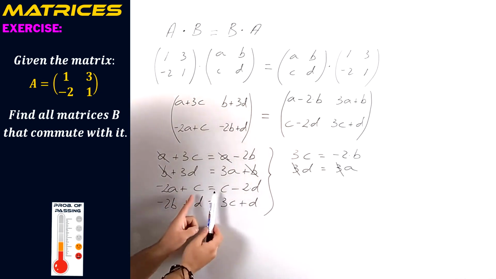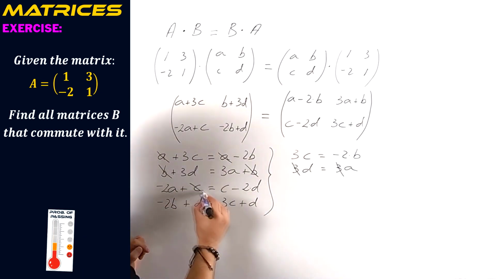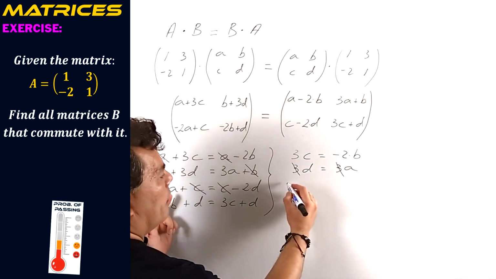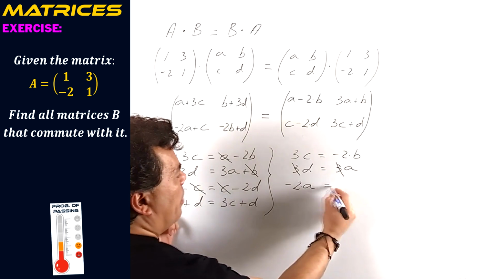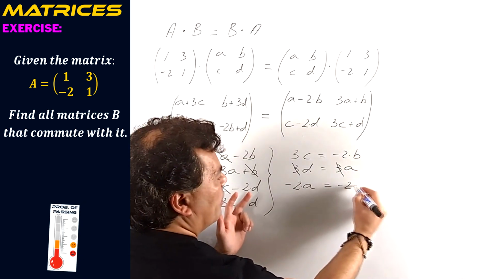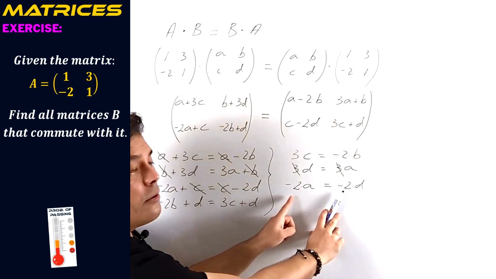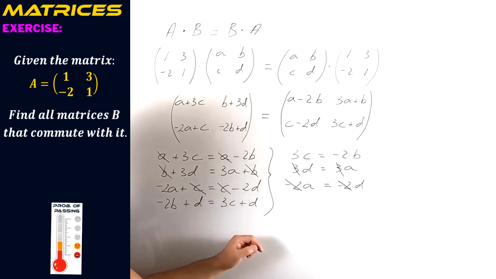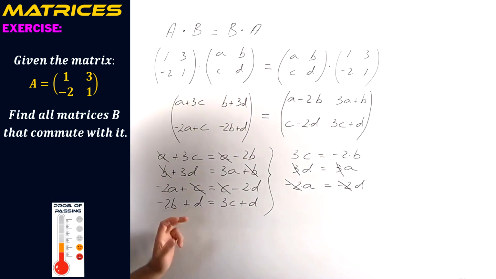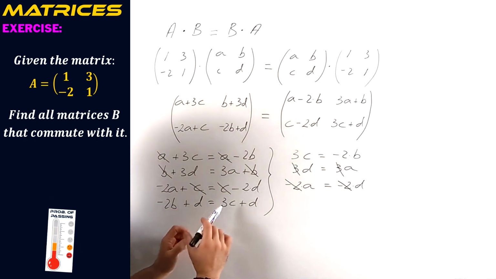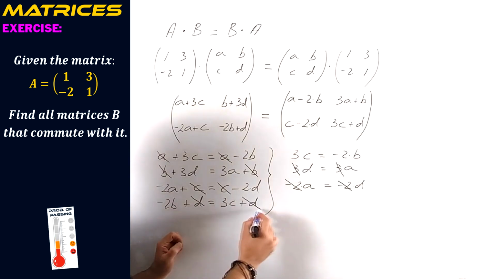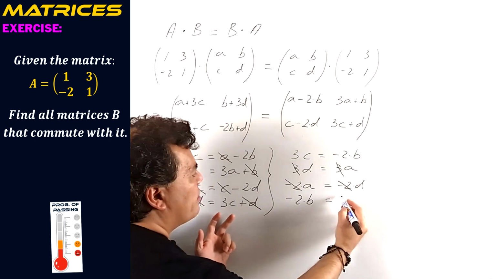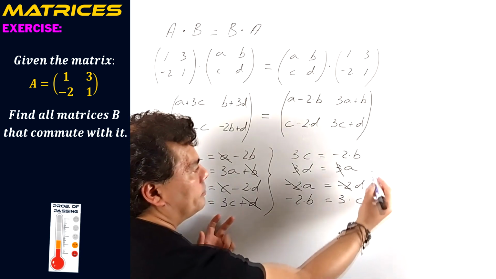Third equation, we can eliminate the variable C, and we have negative 2A equals negative 2D. And we also can eliminate negative 2 on both sides. And finally, on the fourth equation, we can eliminate the variable D, and we have negative 2 times B equals 3 times C.